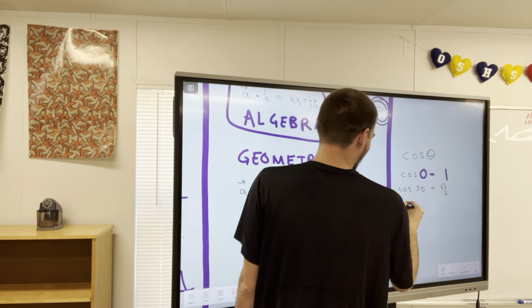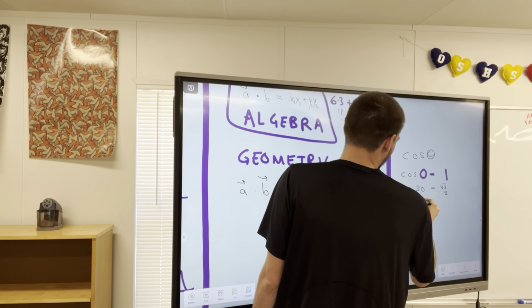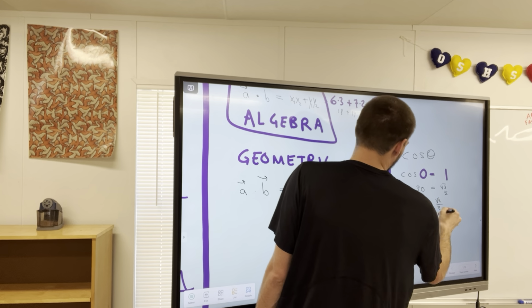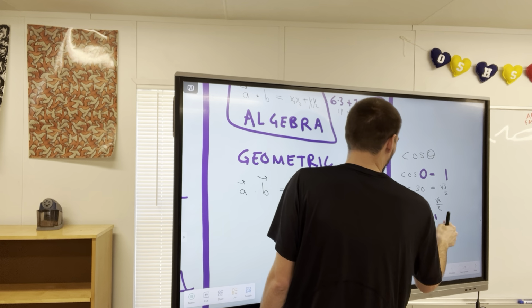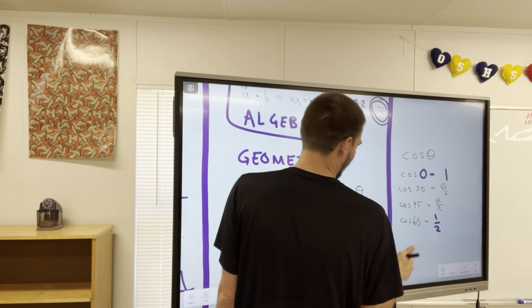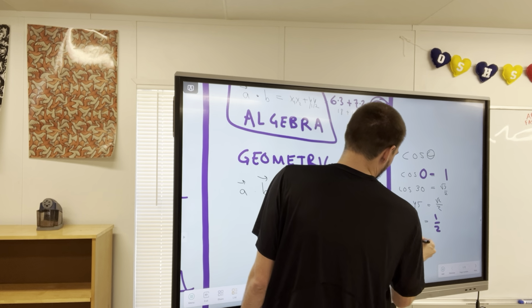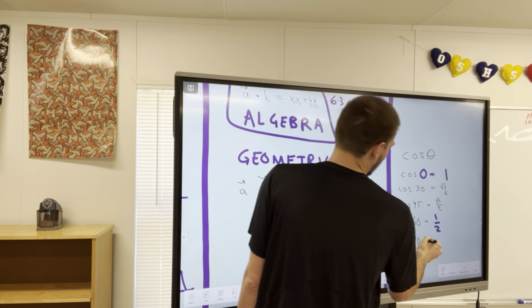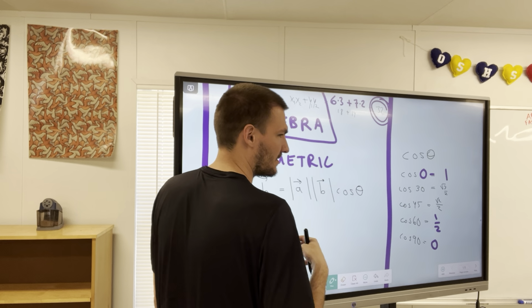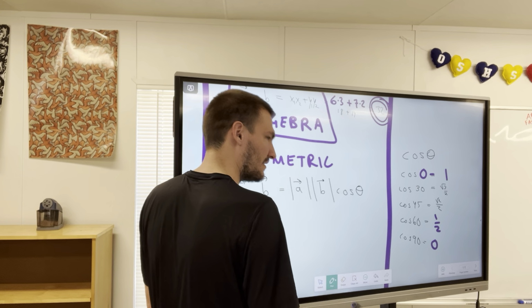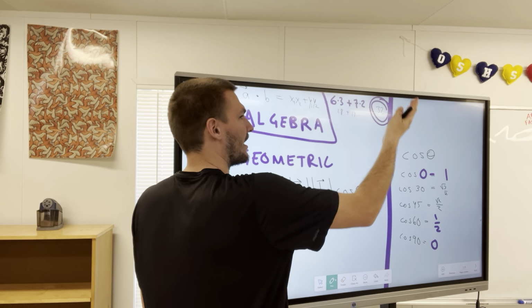The cosine of 45 is square root 2 over 2. And the cosine of 60, here's a nice one, is 1/2. The cosine of 90 is 0. And then of course 120, 135, and so on.